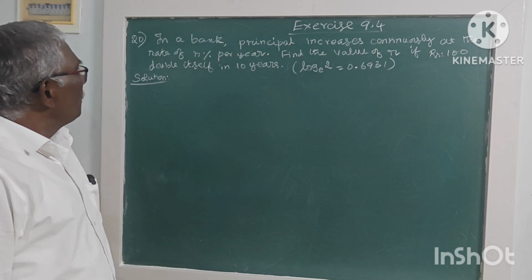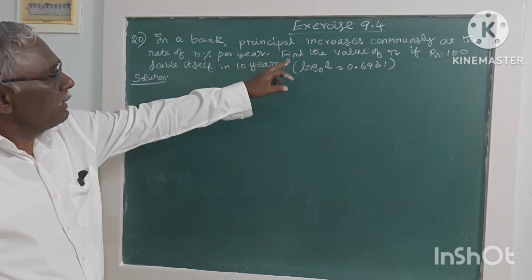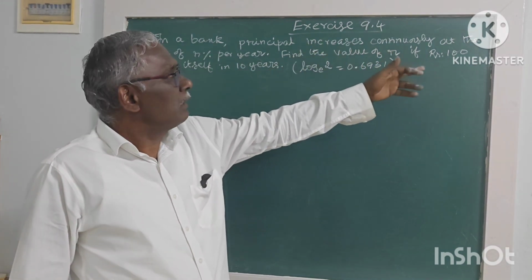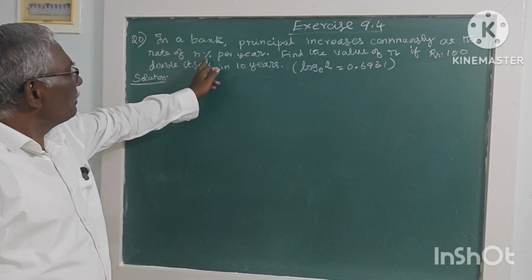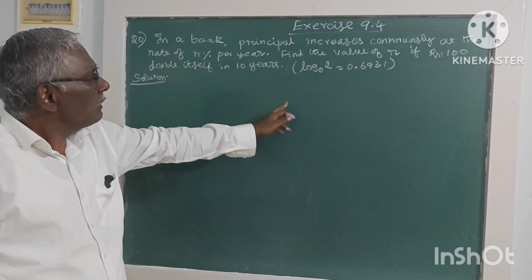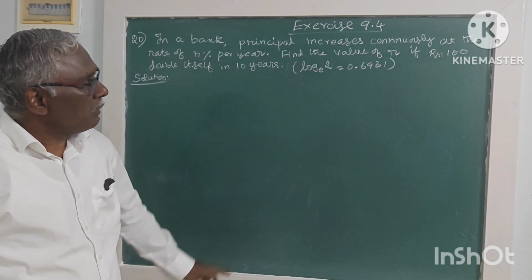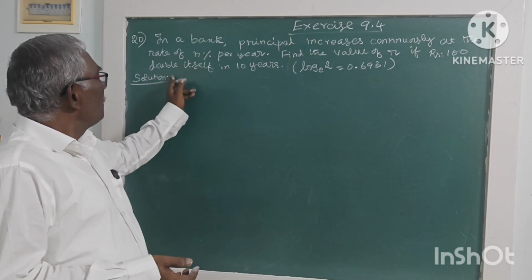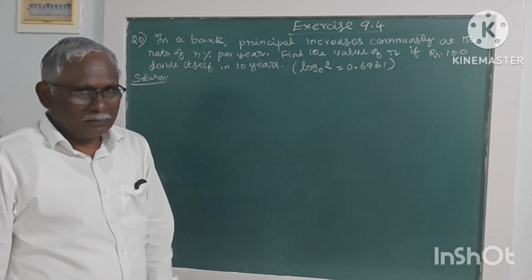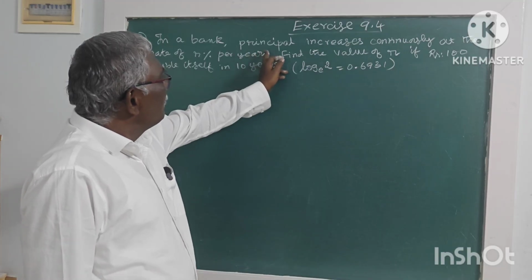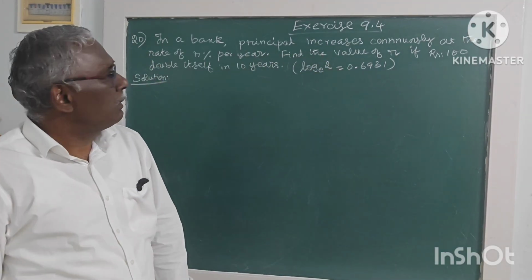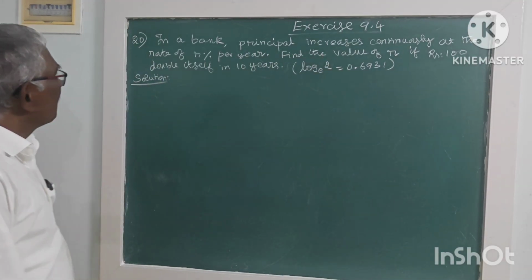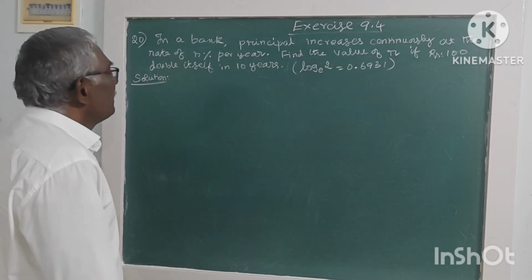So in this problem, principal increases continuously at the rate of r% per year. We have to find the value of r if 100 rupees double itself in 10 years. So let P be the principal at any instant t.